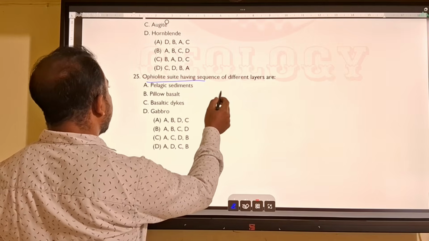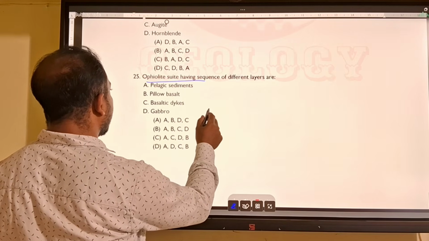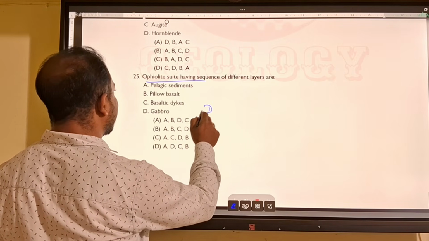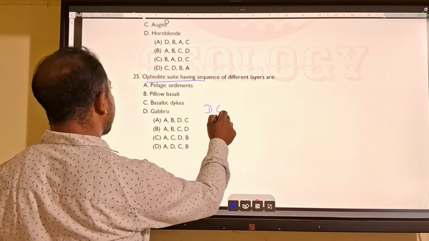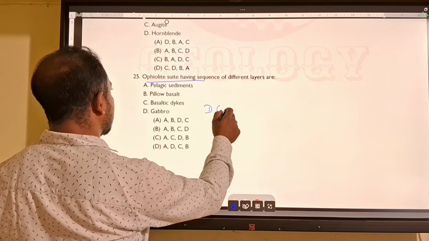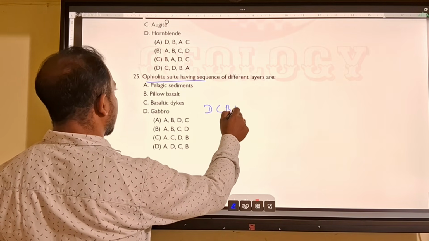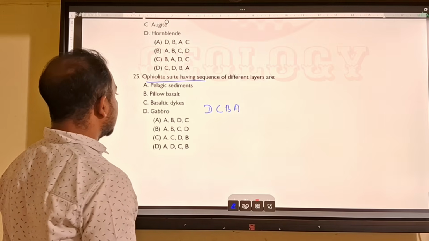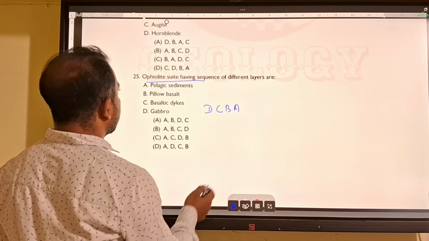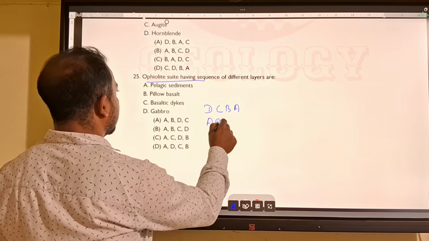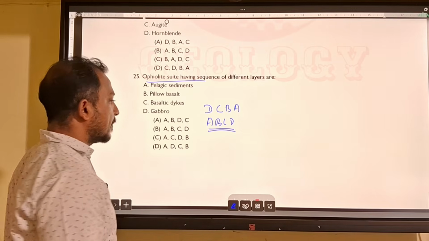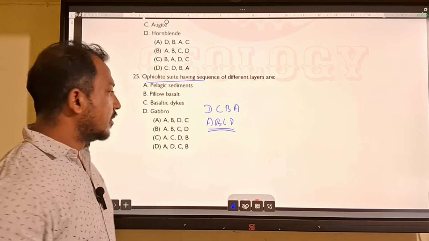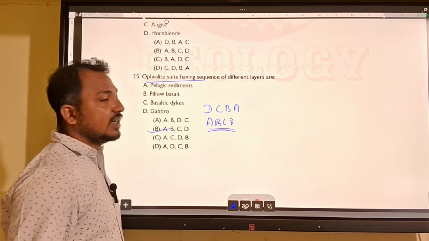So in sequence you will get first gabbro, then basaltic dike, then pillow basalt, then pelagic sediments. Then the diagram A, B, C, D, top to bottom. So the answer will be A, B, C, D.